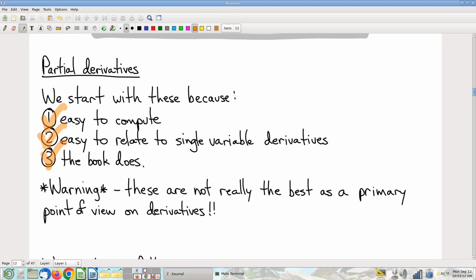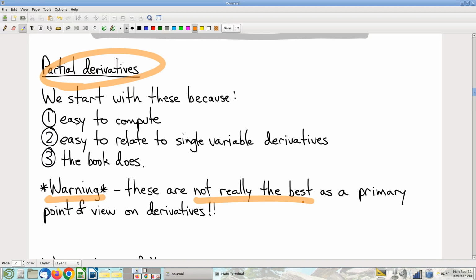That said, my disclaimers, the downside. Ultimately, when you leave this course, I hope that these will not be your cornerstone, fundamental point of view on derivatives. I don't think it's a good choice for that. They have their uses. They're very convenient. They're very powerful in how they allow us certain conveniences.